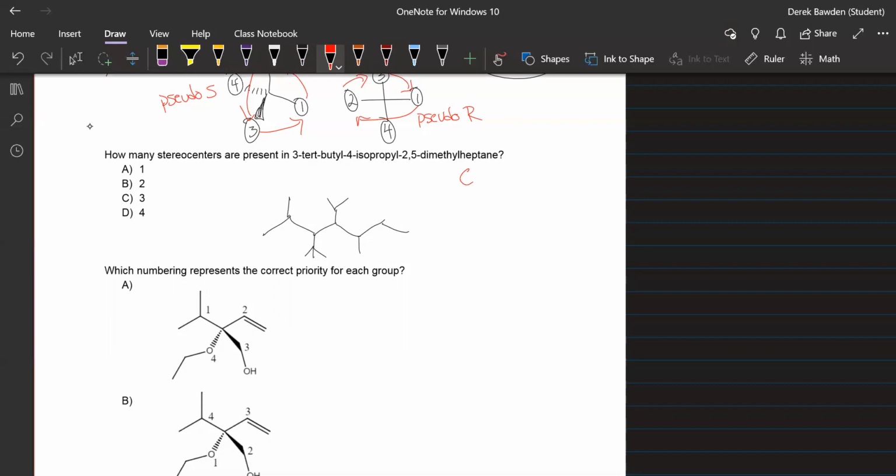All stereocenters are carbon-based, and it's a carbon that is sp3 hybridized, which means there are no double bonds and no triple bonds directly on that carbon that we're looking at.